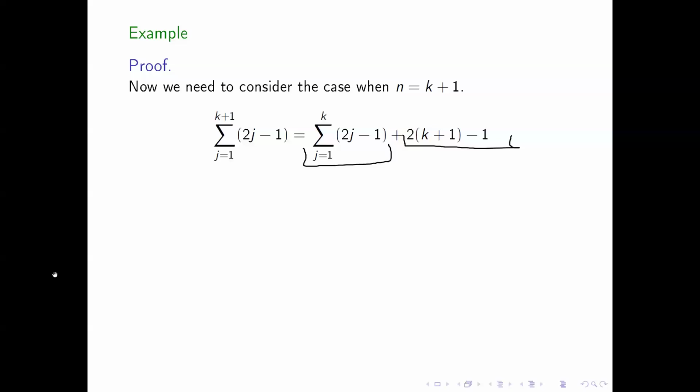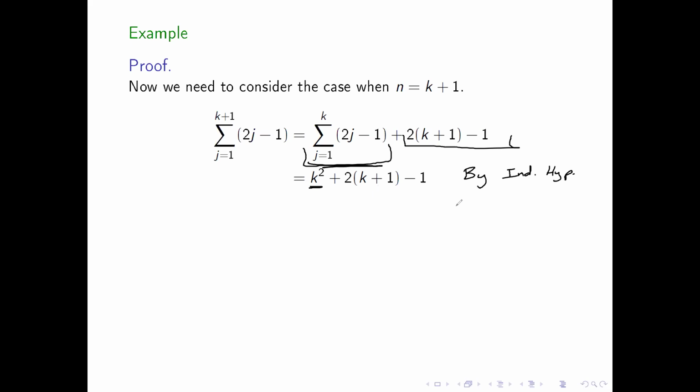But wait, we know by our induction hypothesis that this summation right here is equal to k squared. Remember, that's what we were assuming was true. But we were saying that if that was true, we're essentially showing that the k plus 1 situation is true.